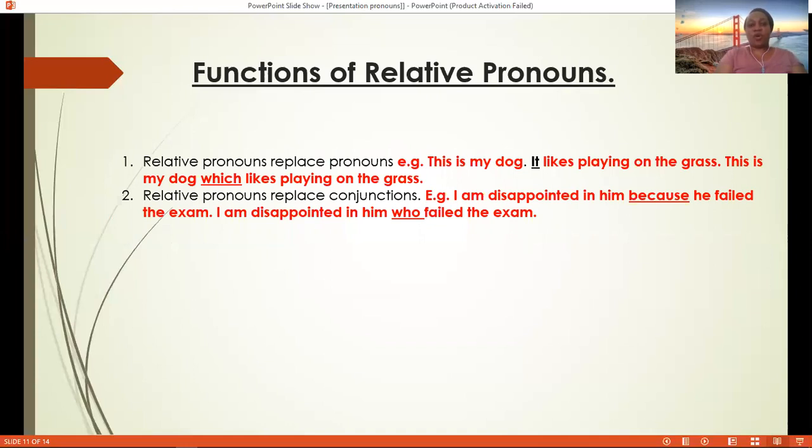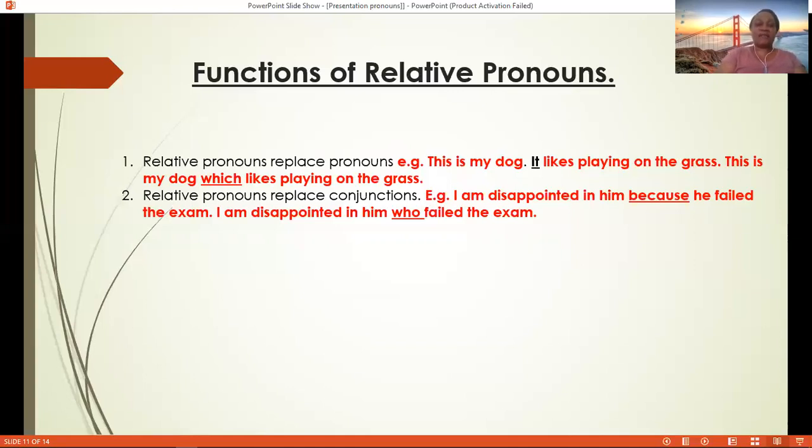Relative pronouns also replace pronouns. Like we said, we want to look at now examples. This is my dog. It likes playing on the grass. This is my dog which likes playing on the grass.